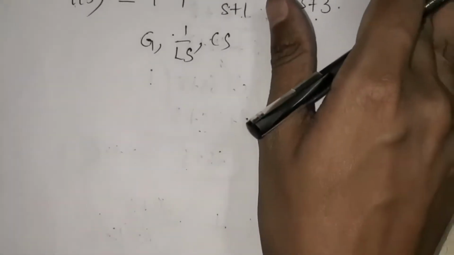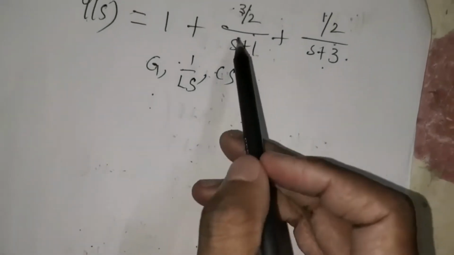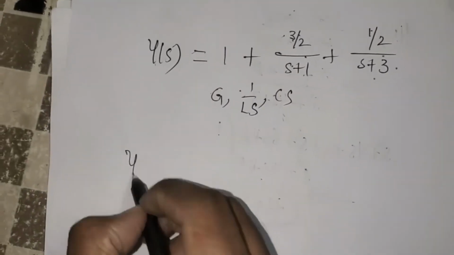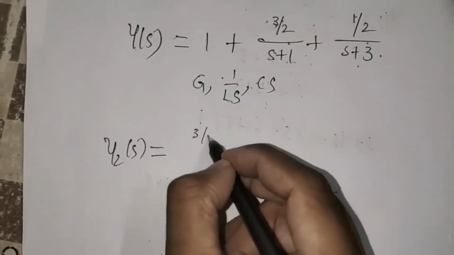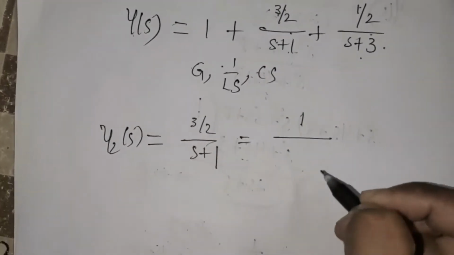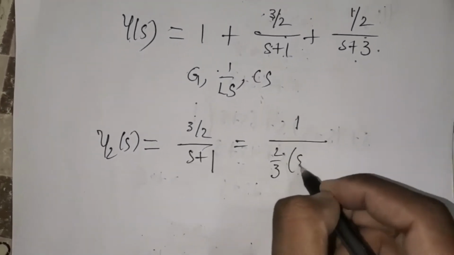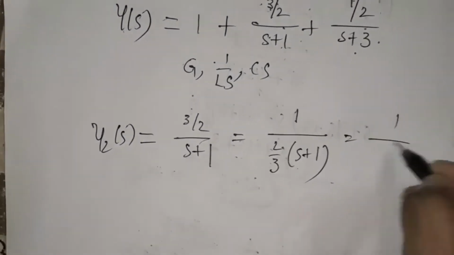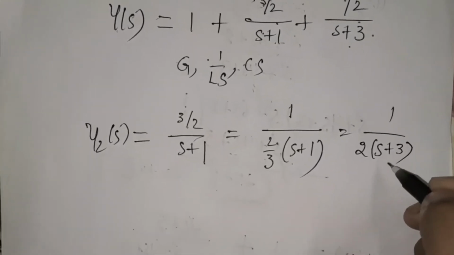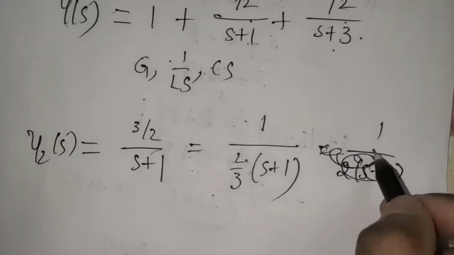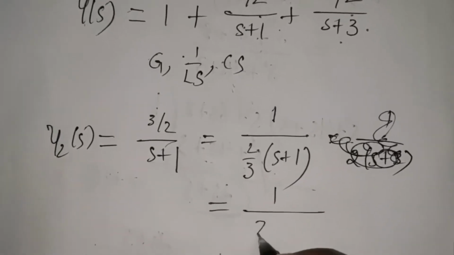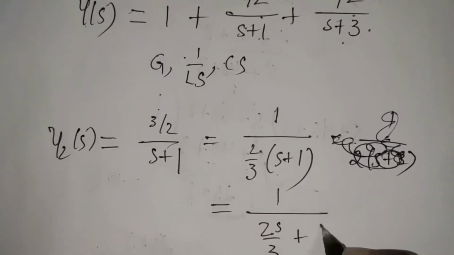As we have seen in Foster first form, in order to identify the individual elements of the parallel combination, we have to make the numerator 1. So consider y2 of s, which is 3 by 2 by s plus 1. Making the numerator 1, I can write it as 1 by 2 by 3 into s plus 1, which is 1 by 2s by 3 plus 2 by 3.